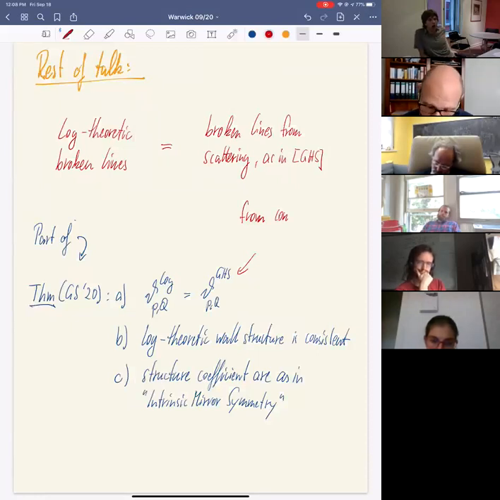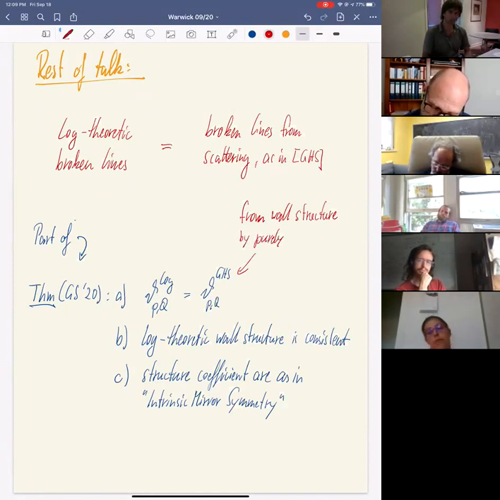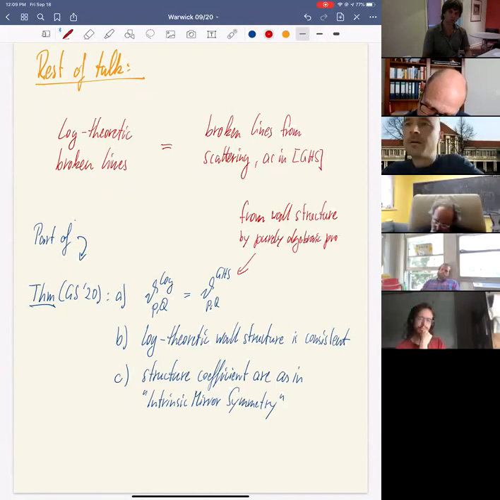Well, actually, at this point, maybe I don't even need consistent. Just by an algebraic procedure from any wall structure, by a purely algebraic process. Has nothing to do with Gromov-Witten invariants, okay?